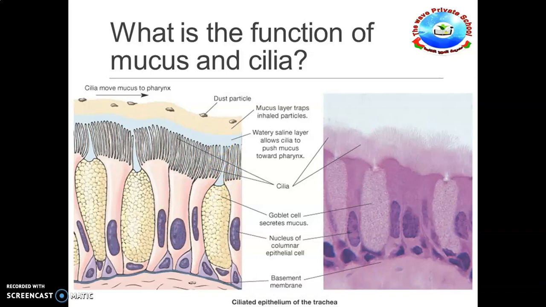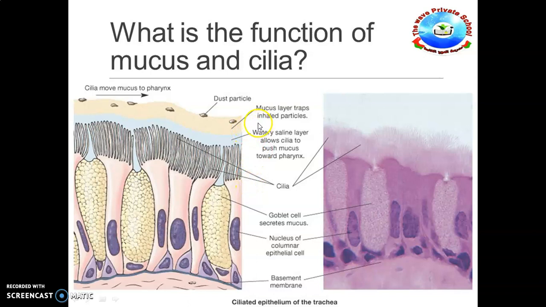The sticky mucus produced here moistens the incoming air and traps finer dust particles. Then the ciliated epithelium beats the mucus stream up into the buccal cavity where it is swallowed. This is the columnar epithelial cell nucleus, and this is the basement membrane. So this is the process taking place in respiration.